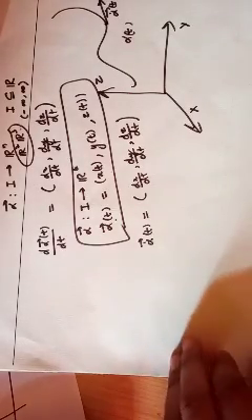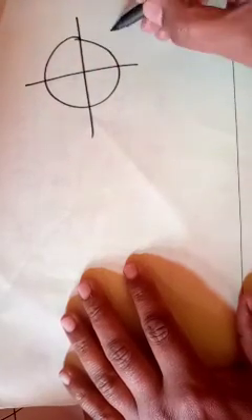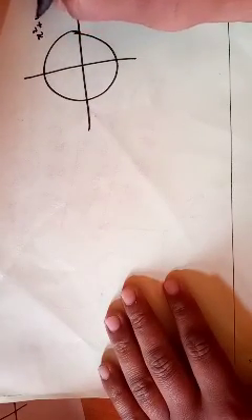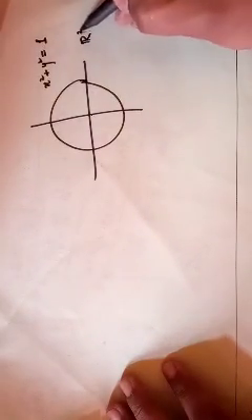For example, take the simplest of curves. Take the unit circle. The unit circle is a curve. By this I mean the Cartesian equation of this would be x squared plus y squared equal to 1. It is a circle with center at the origin inside R2, of course.